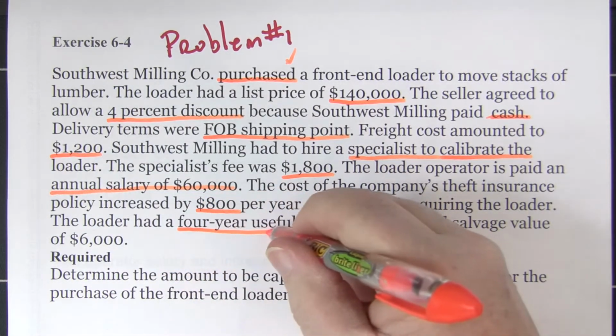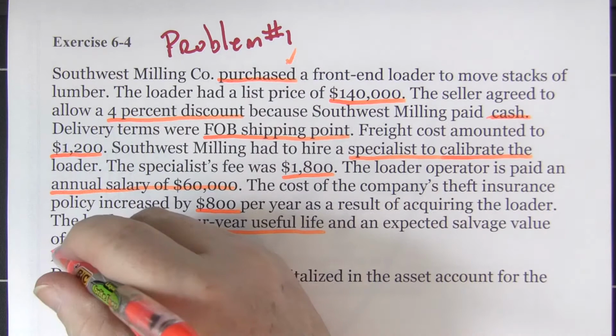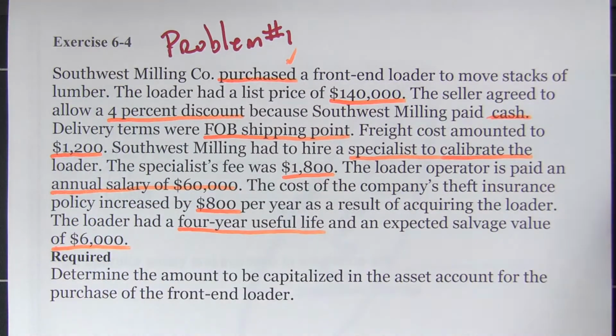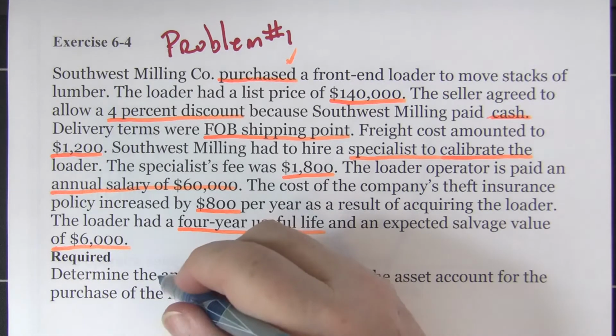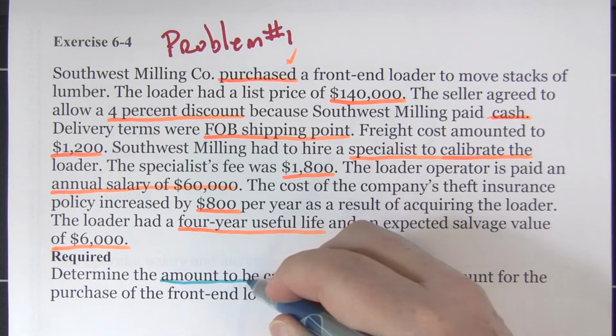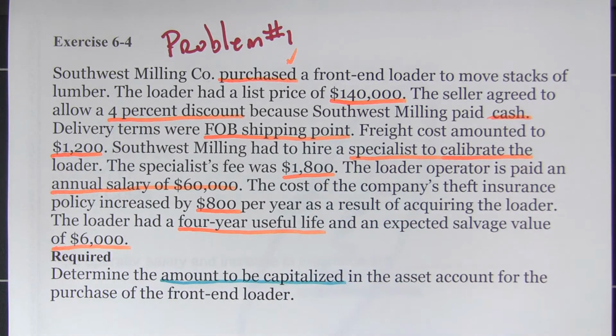Well, if they ask us about depreciation, that'll be handy, but I'm not sure that they do. Let's see what they want us to do. They want us to figure out the amount to be capitalized. And remember, capitalized is a code word for put on the balance sheet.